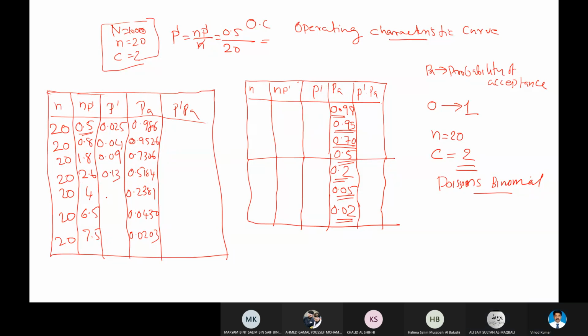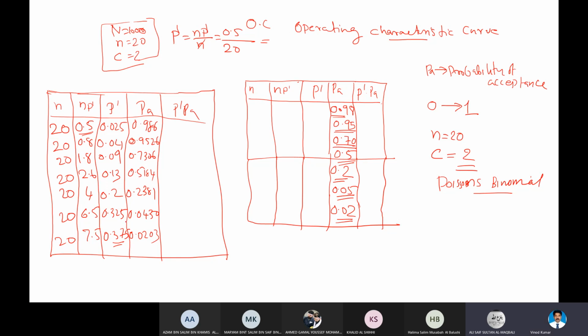Next, 4 by 20 is 0.2. Okay. Then 6.5 by 20 is 0.325. Then 7.5 by 20 is 0.375. This one, correct? Yes.